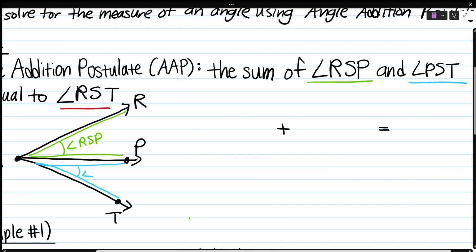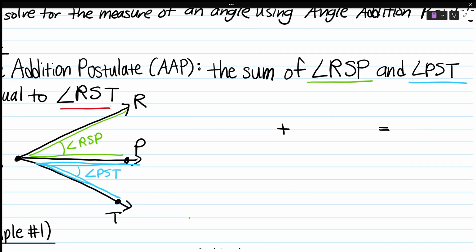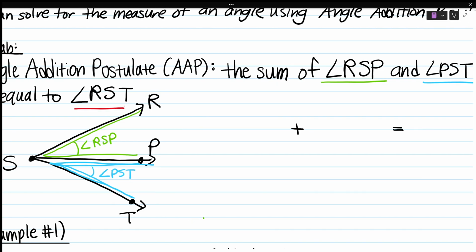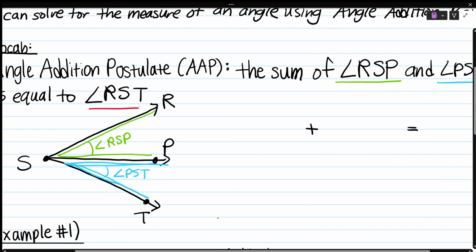Remember, you could also go backwards. You could call it TSP. You could also call this angle TSP. Both ways work, okay? When you add these two angles together, you get the entire thing, RST. The entire angle is angle RST.